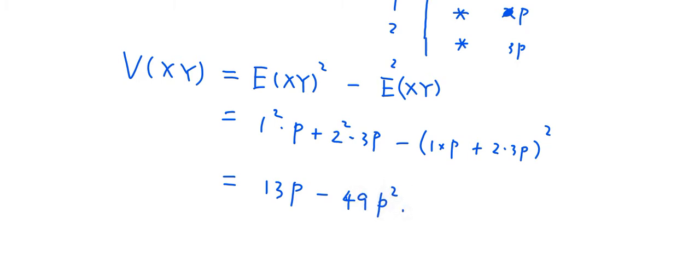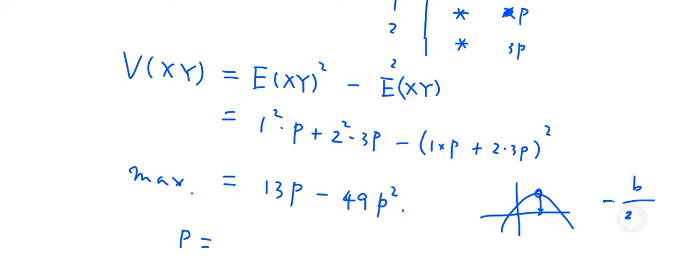Okay, so to maximize this, we find P. We can use the derivative, or for a second degree polynomial, when it takes its maximum we have the formula, negative b over 2a.